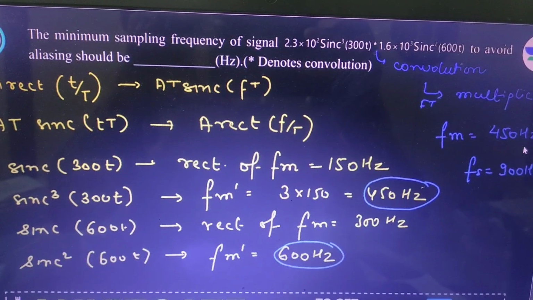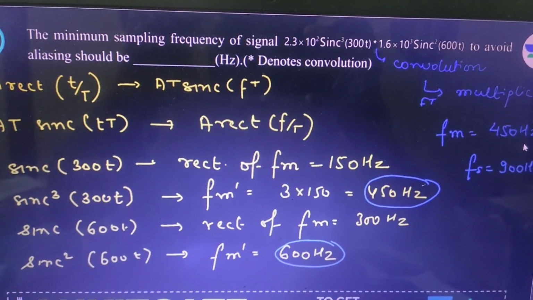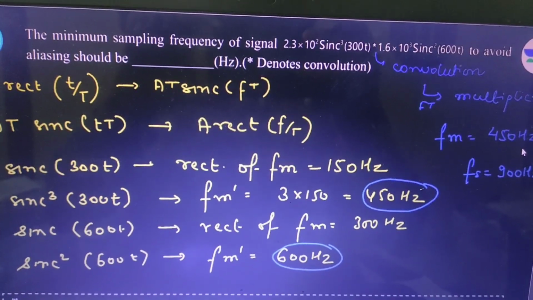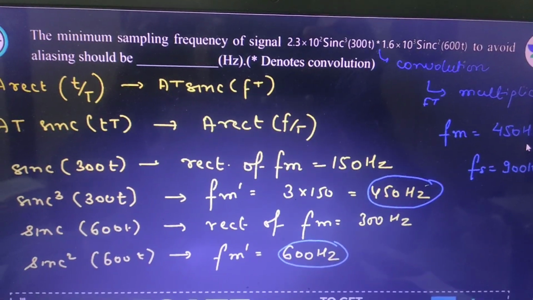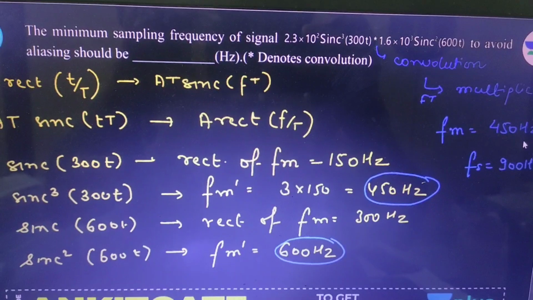For sinc square 600t, the maximum frequency is 300 and it is squared, so you will get a maximum frequency of 600 Hz. Now this convolution leads to multiplication in the frequency domain.